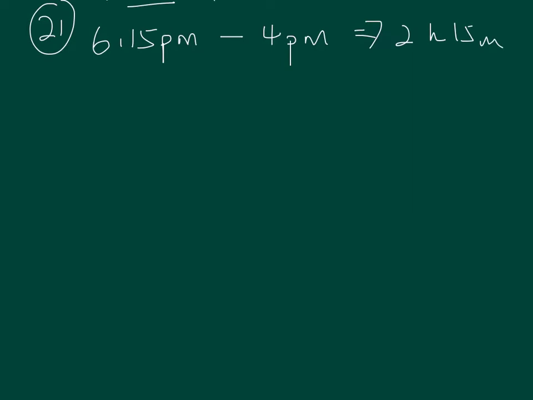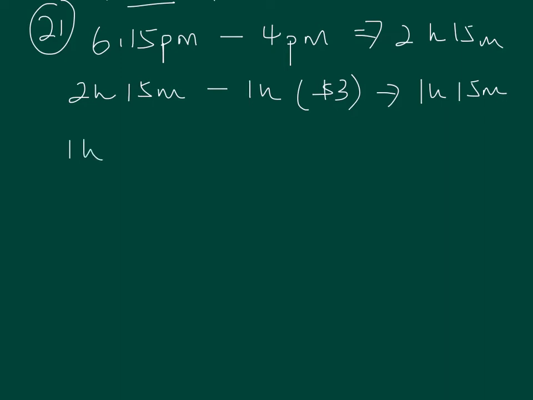So the first hour is actually $3. So 2 hours, 15 minutes. We minus 1 hour. This is actually $3. We still have 1 hour and 15 minutes of car park charges. Subsequent half an hour or part thereof is $1. So 1 hour 15 minutes we divide by 30 minutes.